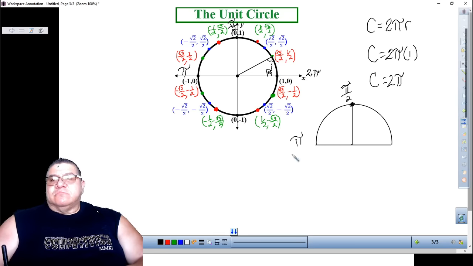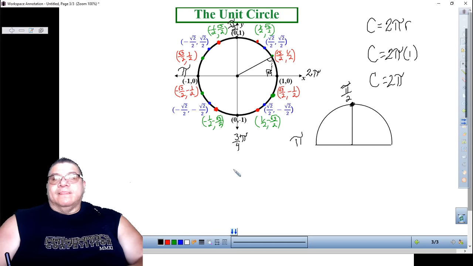So question, if I was to add another piece right here, what would I label this part? So half a pi, full pi, what would I label it up to right here? Yeah, 3/4 pi.